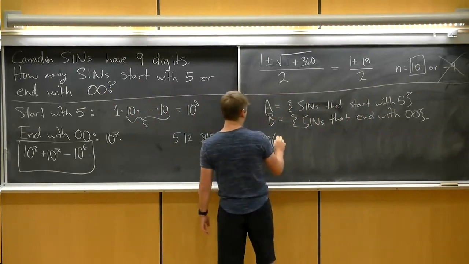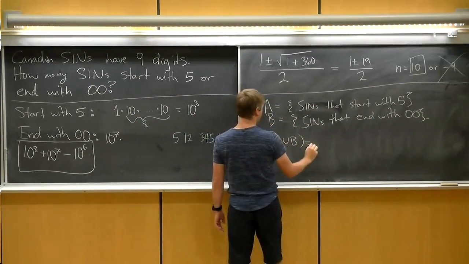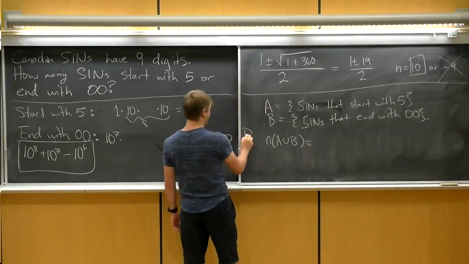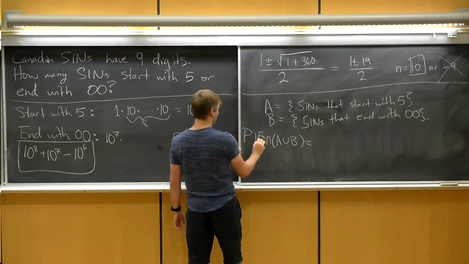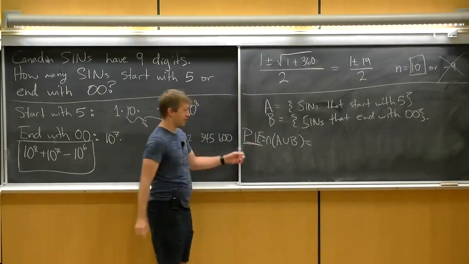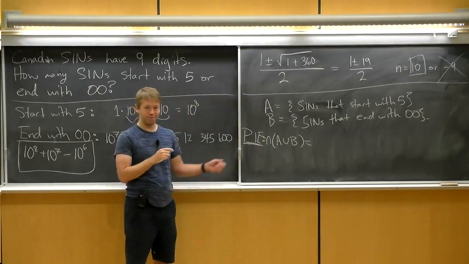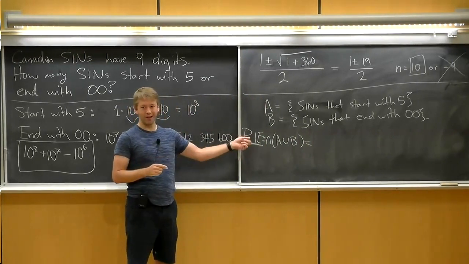So n of A union B by the principle of inclusion-exclusion, which I'll just abbreviate with PIE. So PIE is the principle of inclusion-exclusion.